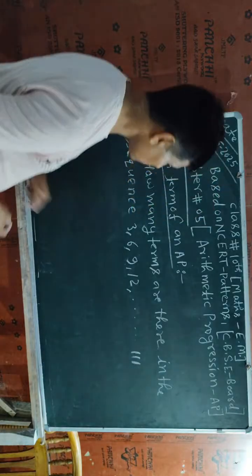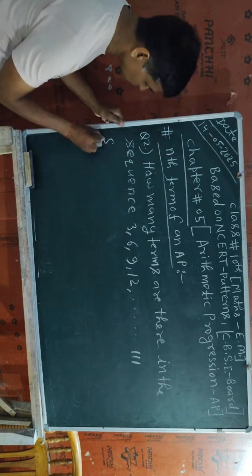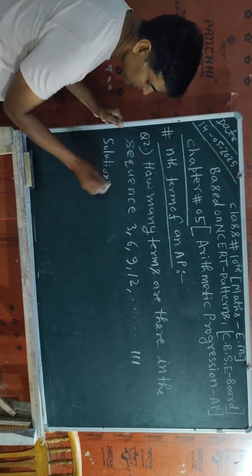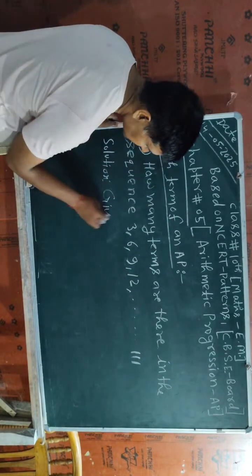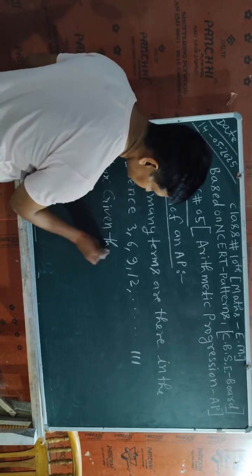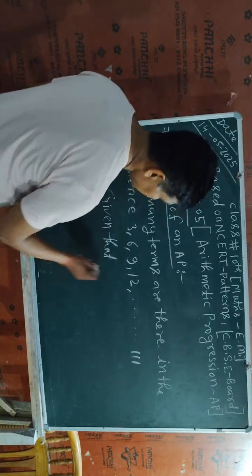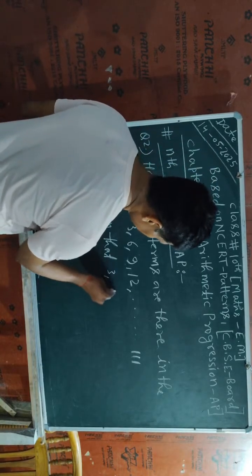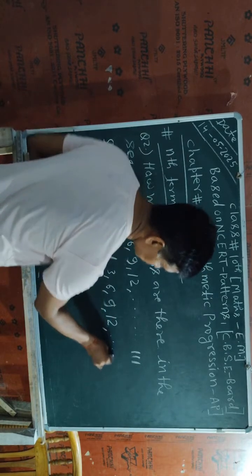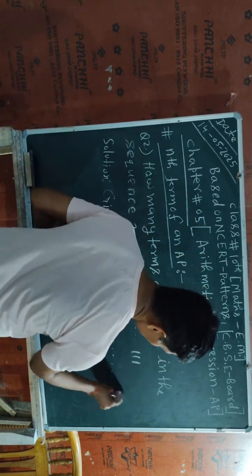First of all I will write its solution. I will write here that the given information is 3, 6, 9, 12, up to the nth term.